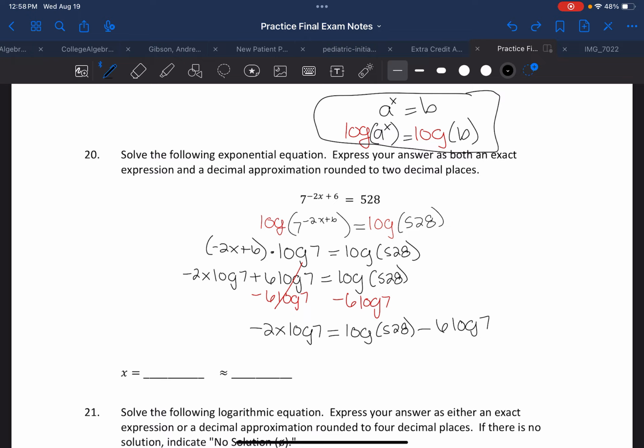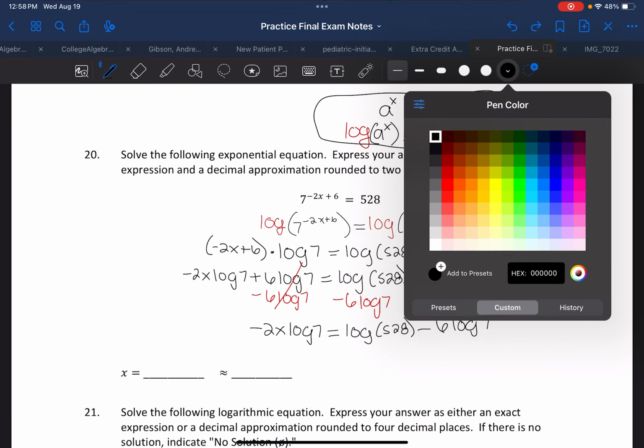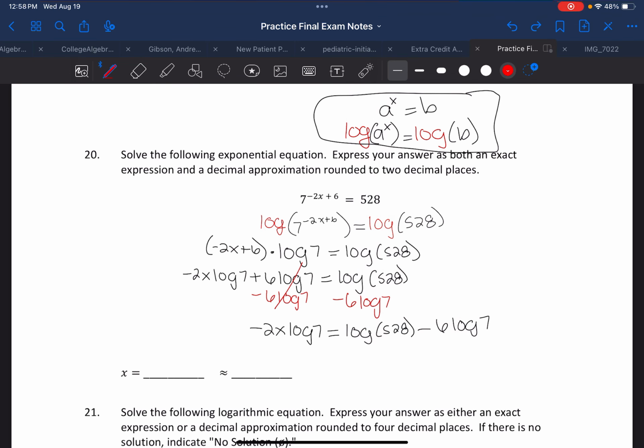And then on the left here, I have negative 2 times x times log of 7. So it's all being multiplied. So if I want to get x by itself, I can do the opposite, which is to divide. And I can divide by negative 2 and log of 7. Because that'll cancel the negative 2 and that'll cancel the log 7.